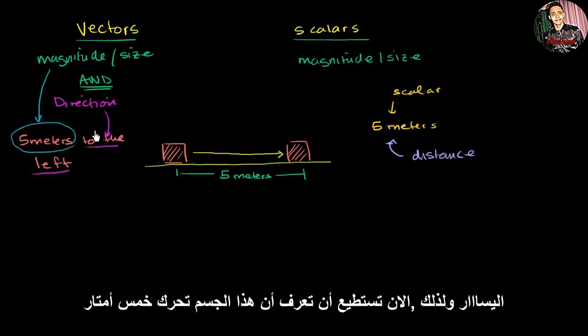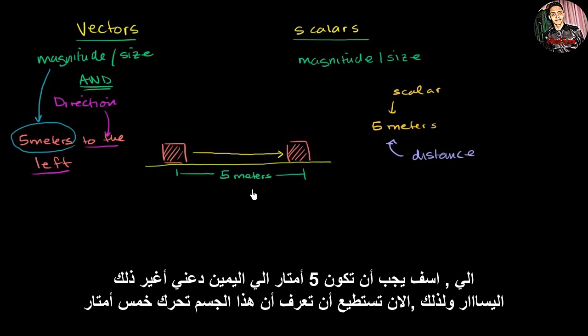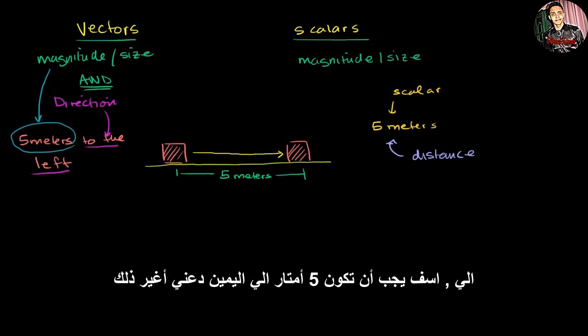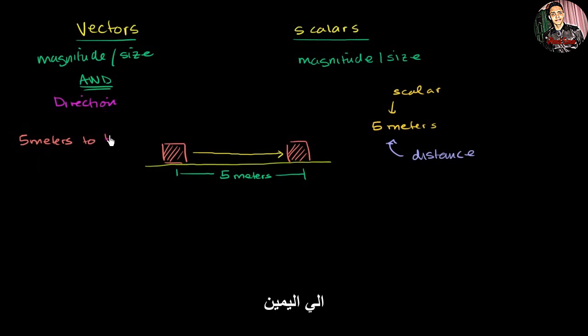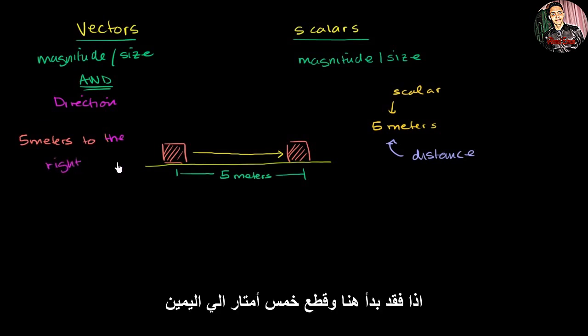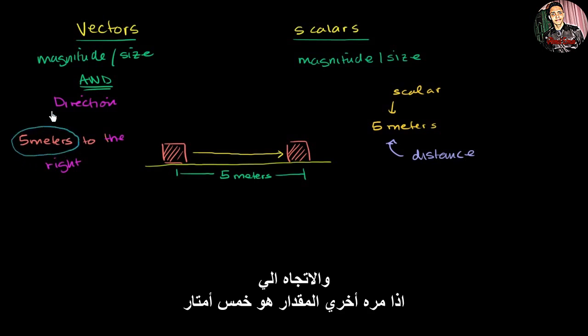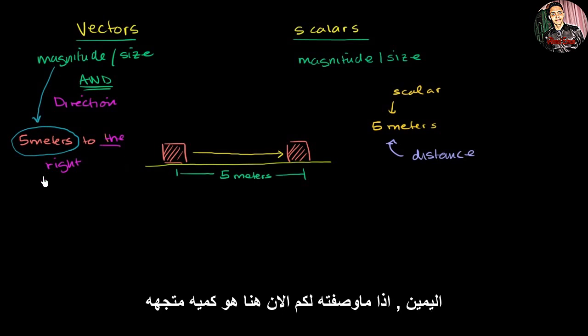So you now explicitly know that it went 5 meters to the, oh, sorry, it should be 5 meters to the right. Let me change that. So the direction is to the right is what it got moved. It started here, it went 5 meters to the right. So once again, the magnitude is 5 meters, and the direction is to the right.